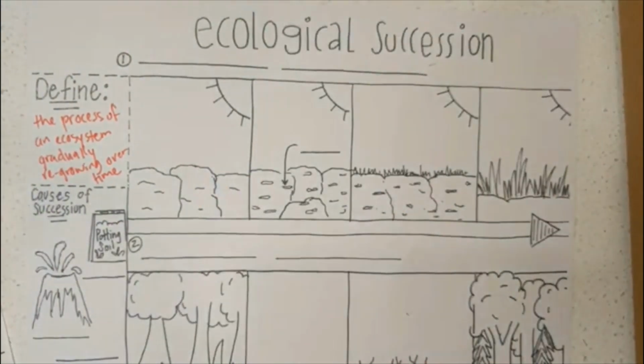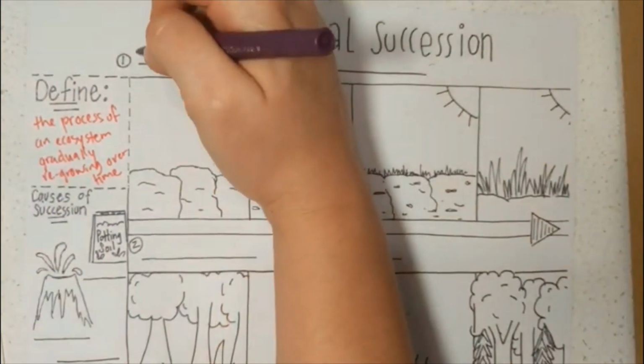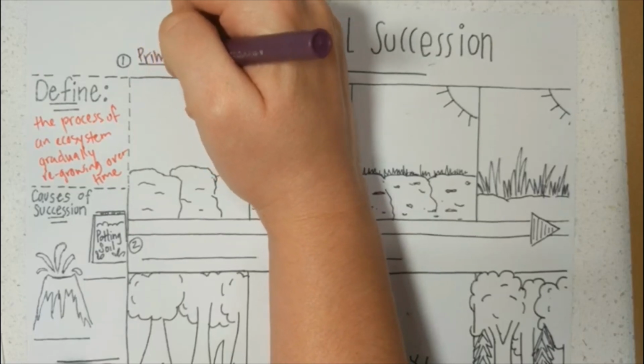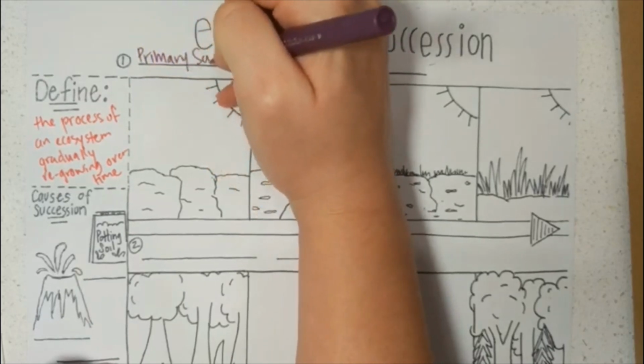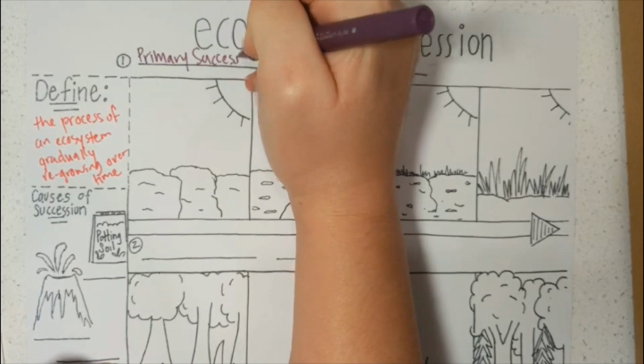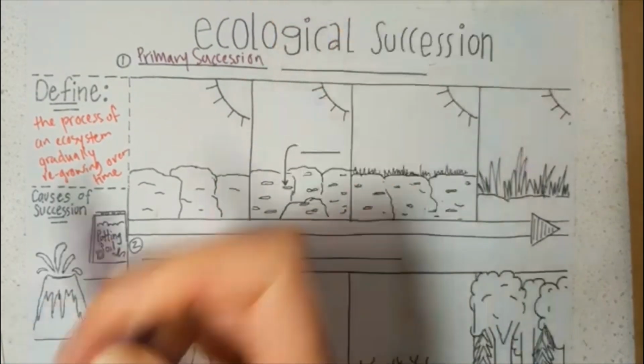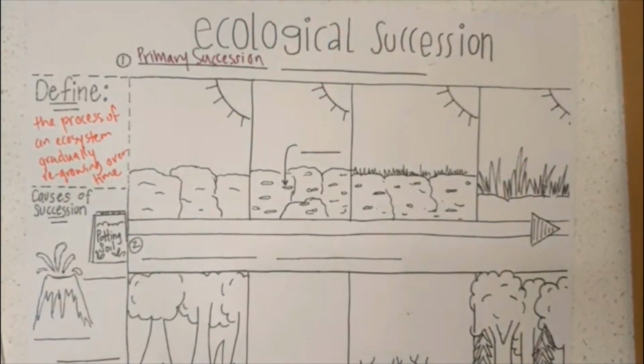For primary succession, we're going to write primary succession. So primary succession is unique because it's succession in an area with no soil.